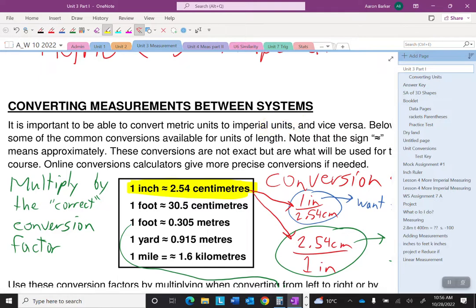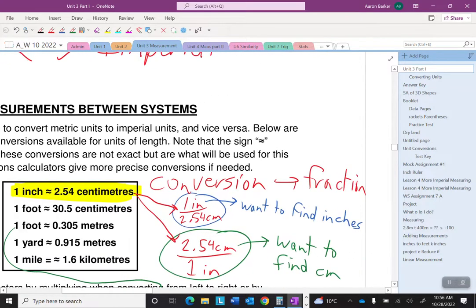Okay. For the first conversion factor, inches are on top. Why are inches on top? Because if I wanted this conversion factor, it's because I wanted to find inches as my final answer. If I wanted to use the bottom conversion factor, it's because I wanted centimeters as my final answer. So the unit you're trying to find must go on top of your conversion factor.